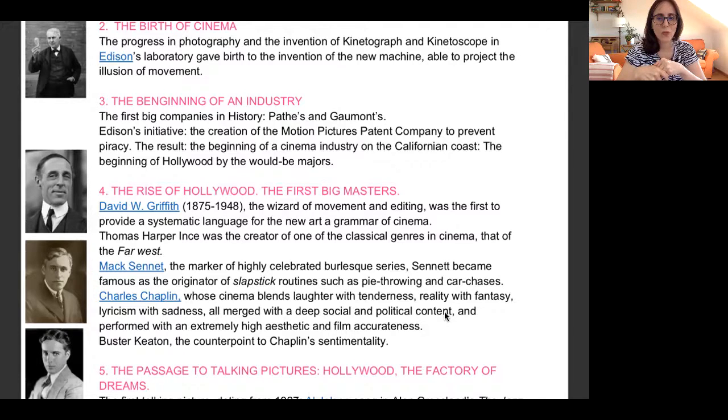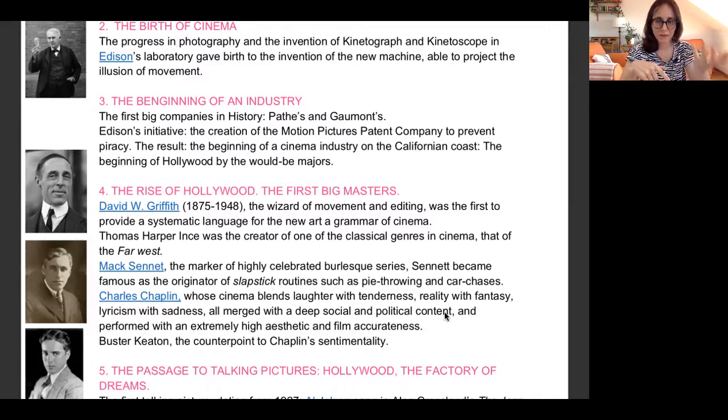But it's important, the slapstick is what we think about these kind of fights that they created in movies that did not have sound at the beginning, right? And everything is about people chasing others and having a kind of a fight, this kind of things. And in the middle, also remember pie throwing.